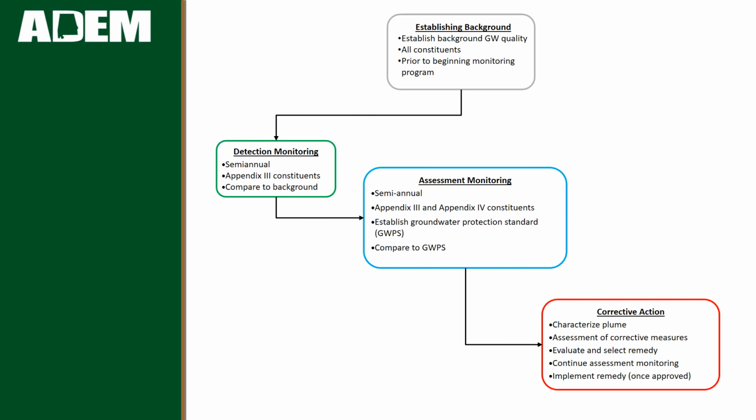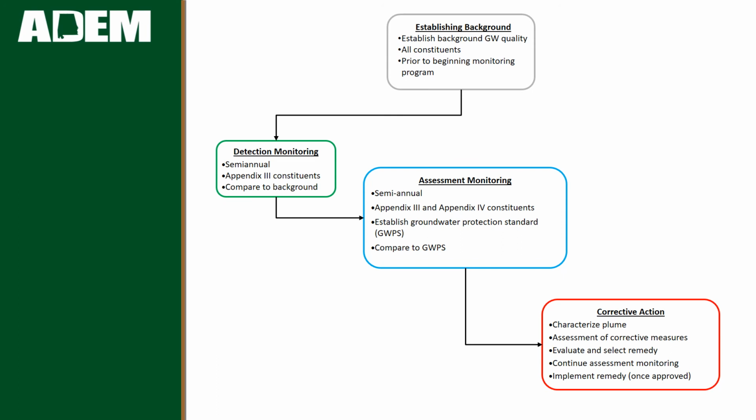When in corrective action, a facility must characterize the extent of the contaminant plume and evaluate methods to remediate the contamination. The regulations require that the facility return affected areas to original conditions, so facilities must evaluate what type of remedies would be most effective by looking at performance, reliability, ease of implementation, potential impacts, and control of exposure for each of the possible remedies.